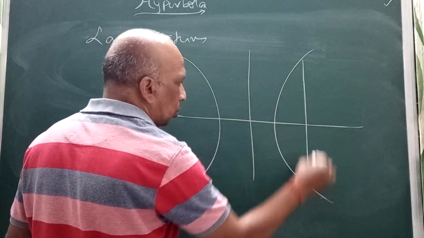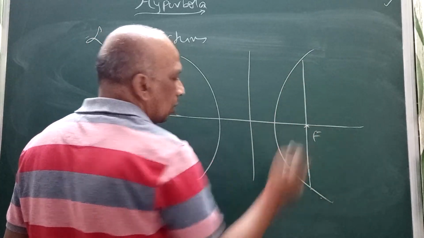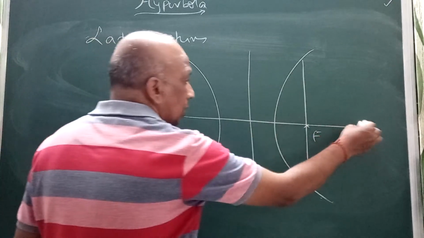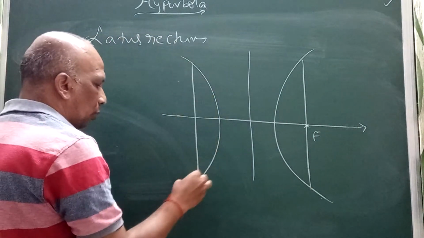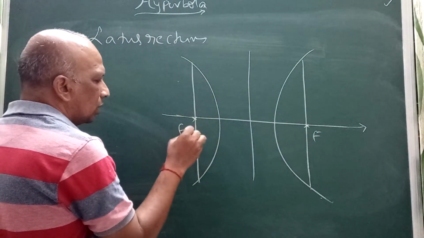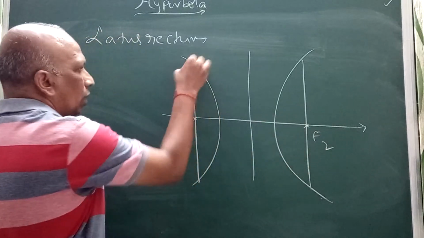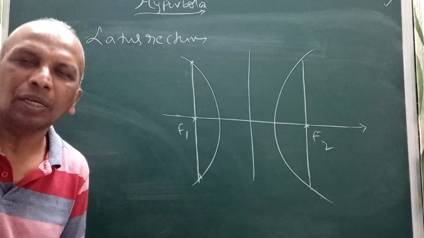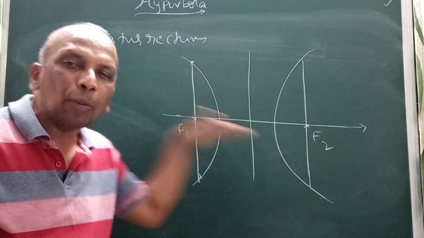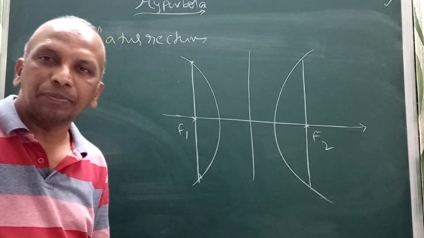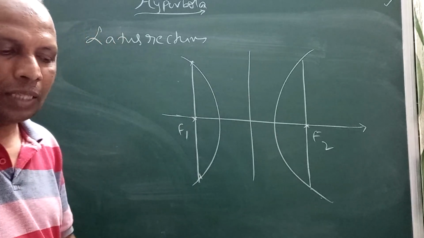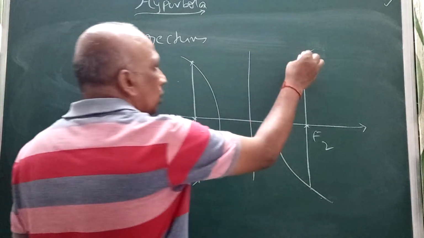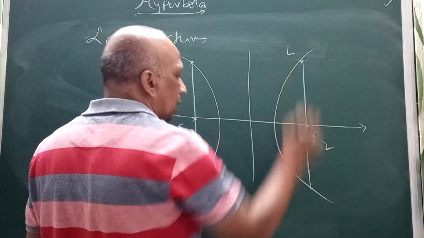A line that passes through a focus and is perpendicular to the transverse axis, through any one of the foci, I can write this as F1, F2. The endpoints should be on the hyperbola. Then this is called latus rectum.